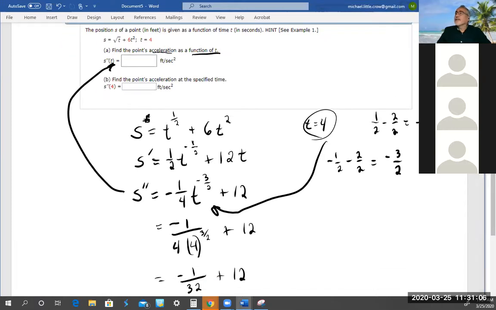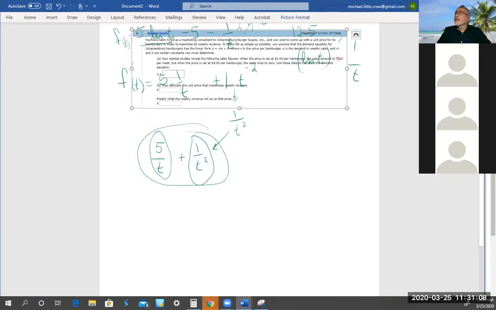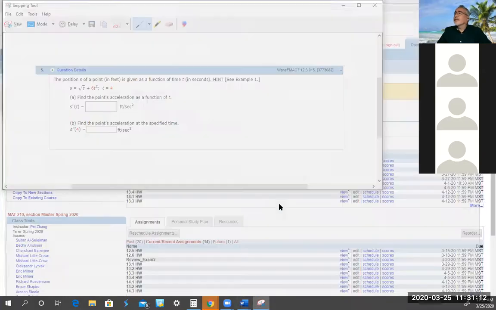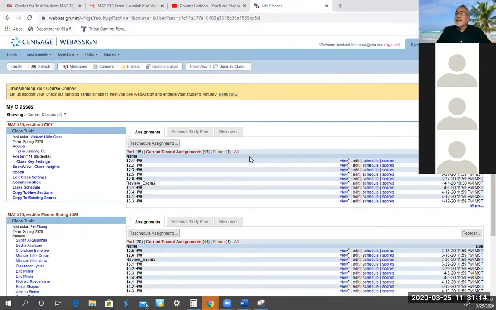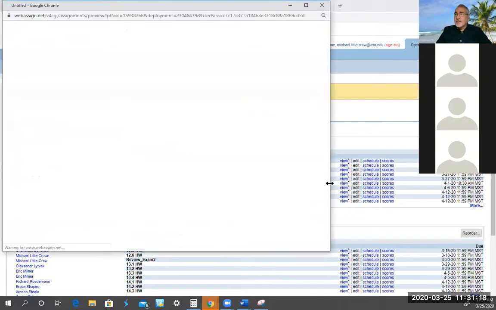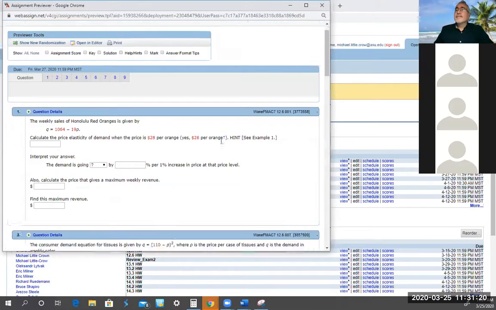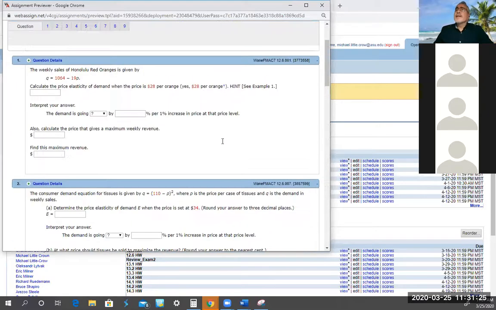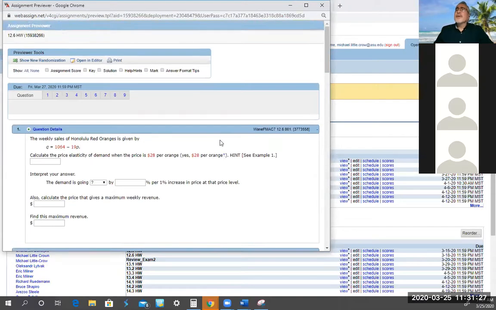And then, can you do one on 11.6, implicit differentiation? You got it. Just the hardest one you can find. Sure. Wait, am I in the right place? What did I go to? 11.6.